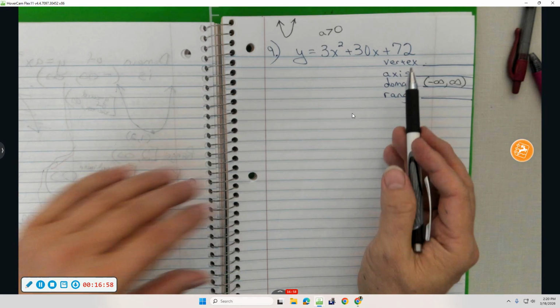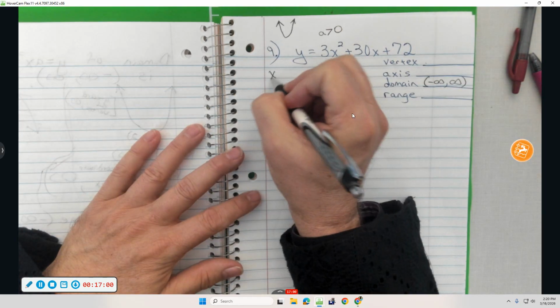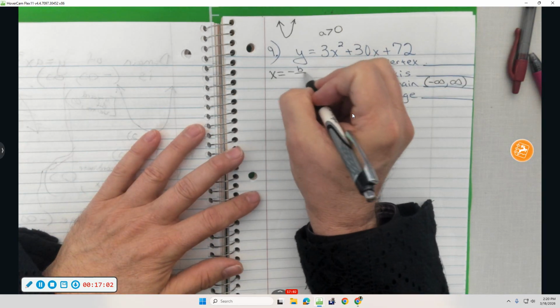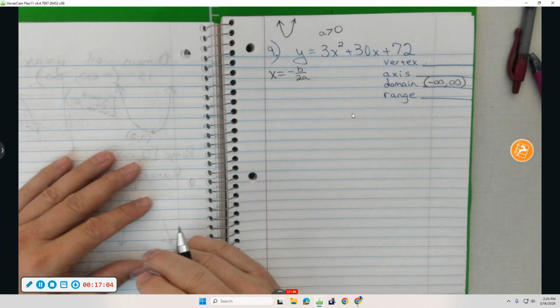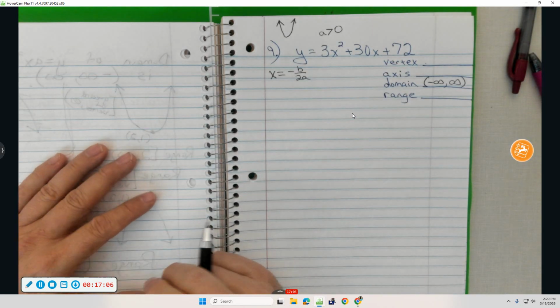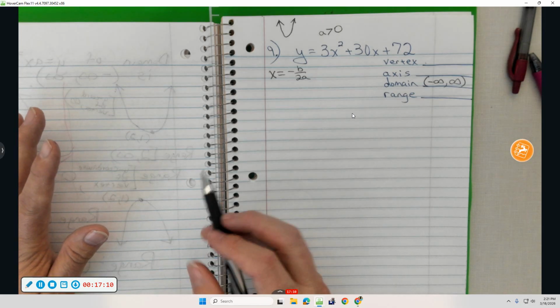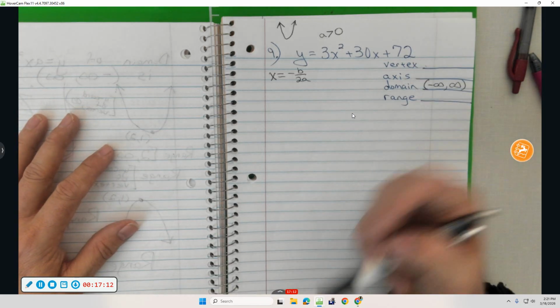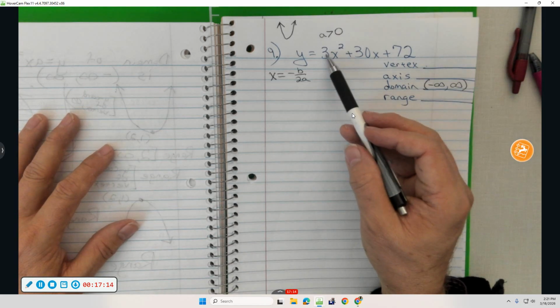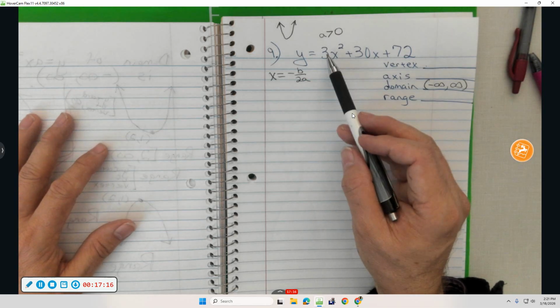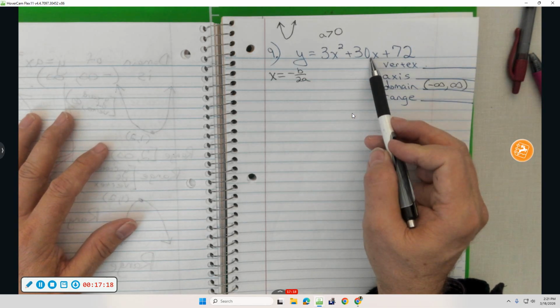Let's use our vertex formula. X equals negative b over 2a. Now, realize A, B, and C are just like with the quadratic formula. C would be 72, which we don't use. A is 3, B is 30.